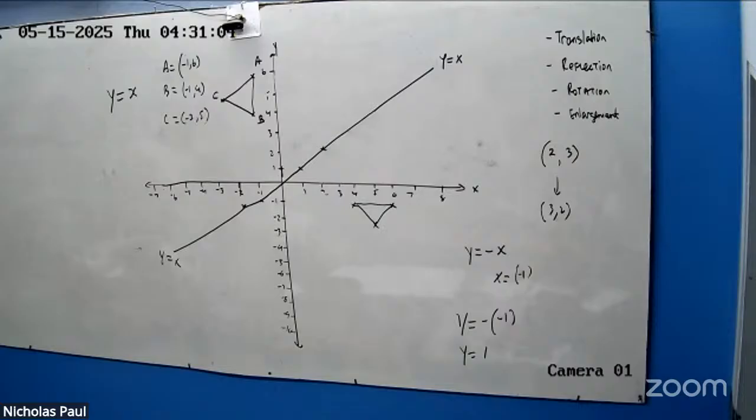For the line y equal to minus x, we flip the values and change their sign. Flip the values and change the sign.